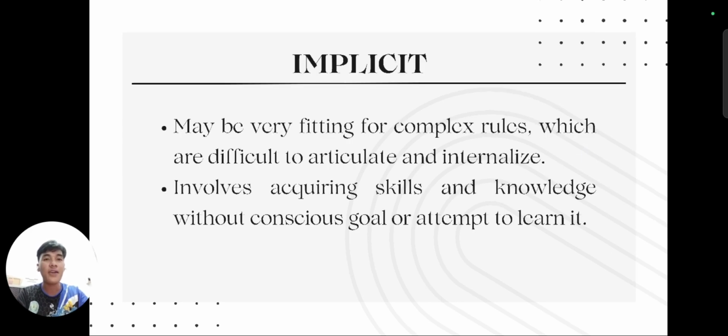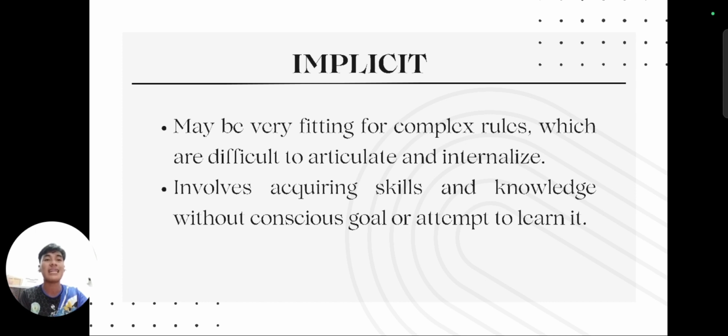On the other hand, the implicit approach is somehow hard for complex rules, which are difficult to articulate and internalize. Language learners may encounter difficulties because it is implicit. Implicit means implied, though not plainly expressed, so it may cause doubts or confusion for the learner.